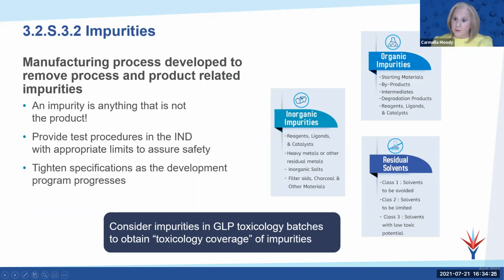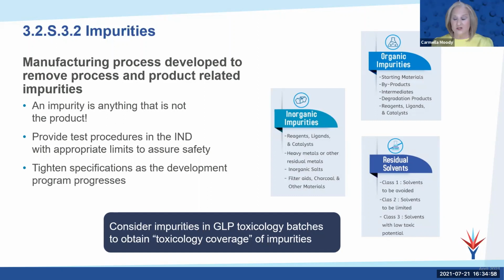So there are multiple types of impurities. There are inorganic impurities like catalysts, reagents, ligands, salts, charcoal, other things. Those are considered impurities. Organic impurities are anything that comes in maybe from your starting material or is brought in through the manufacturing process.